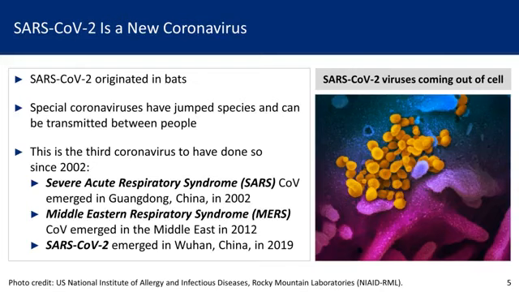And because the virus is similar to the virus that caused the first SARS coronavirus, it was named SARS coronavirus 2. Here you can see in yellow some SARS coronaviruses coming out of a cell. Viruses have to live in other cells, and then they replicate in those cells and go on to infect other cells in the body.